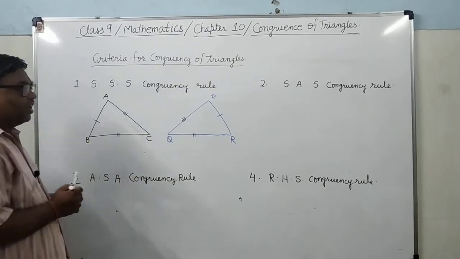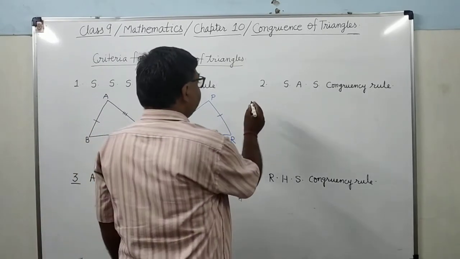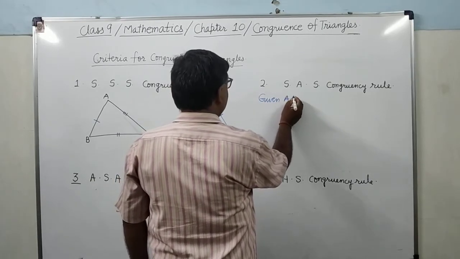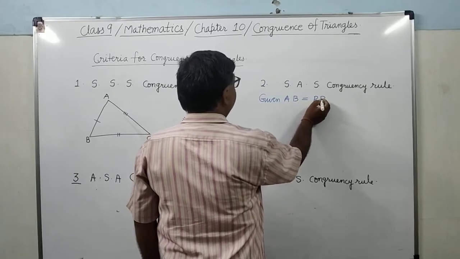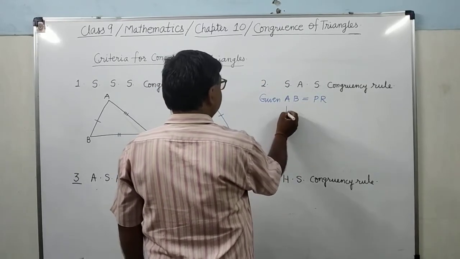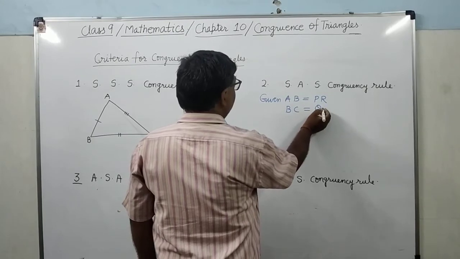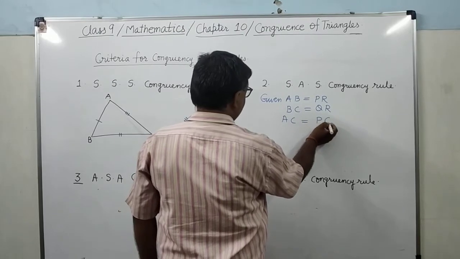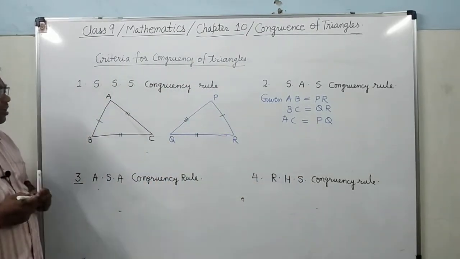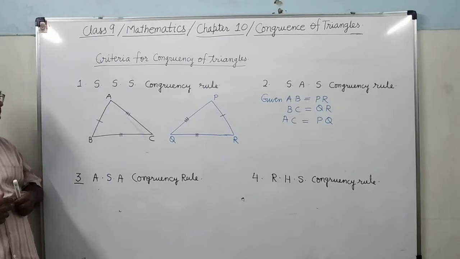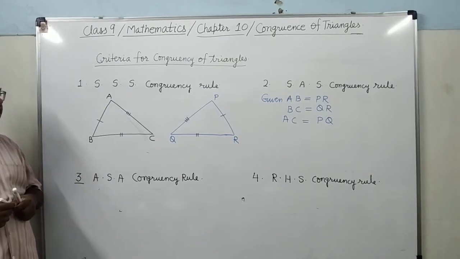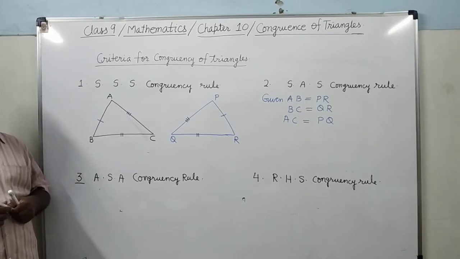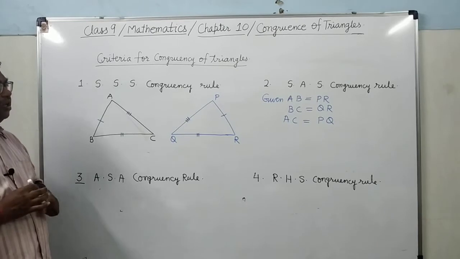Given AB equals PR, BC equals QR and AC equals PQ. Therefore, both the triangles will be congruent.